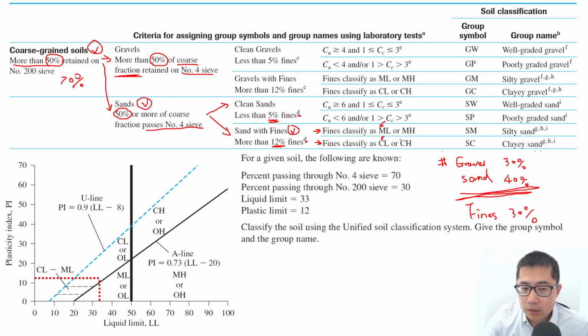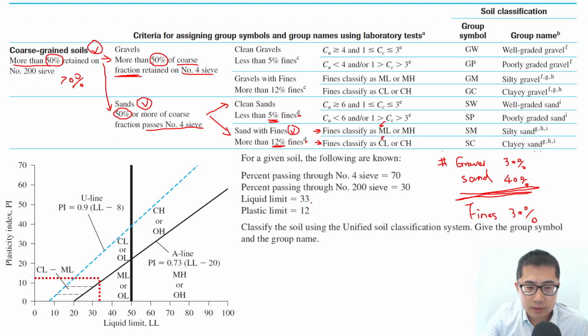Or, if you don't really care about above the line or below the line, just come to this chart over here in the bottom left corner and point exactly to that point based on the Atterberg limit test results. Well, we have a liquid limit of 33.